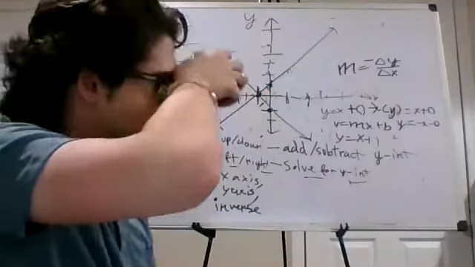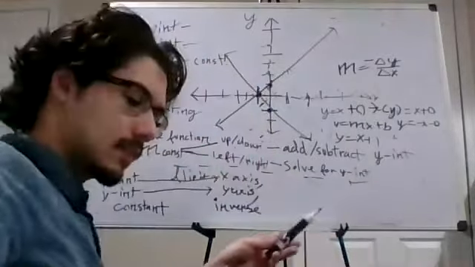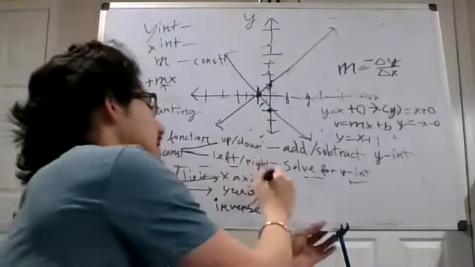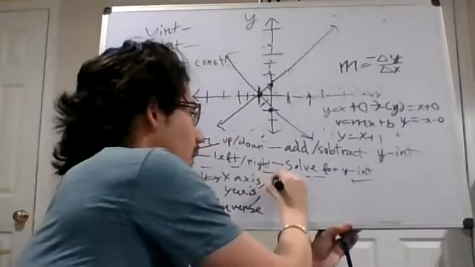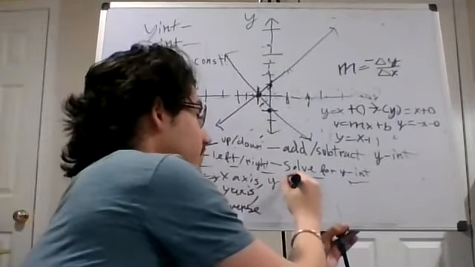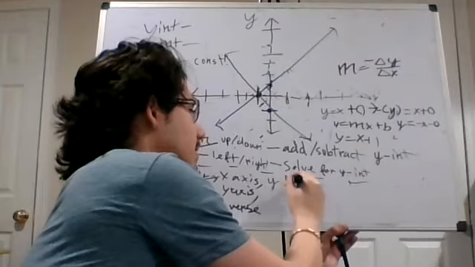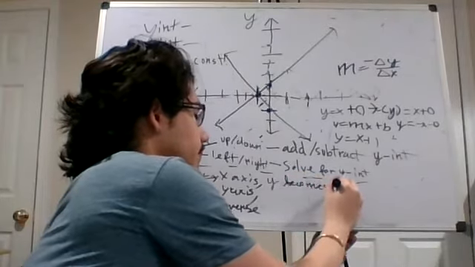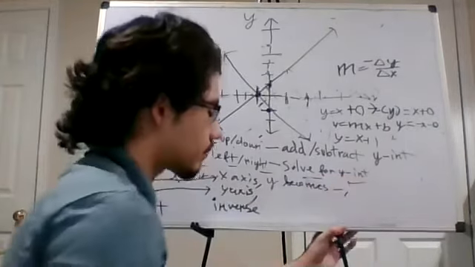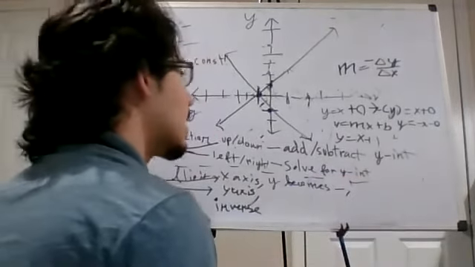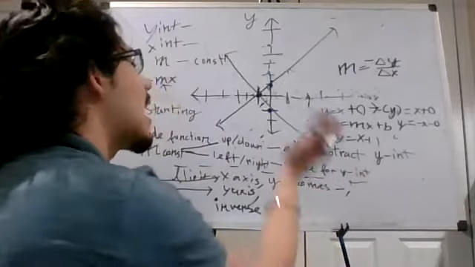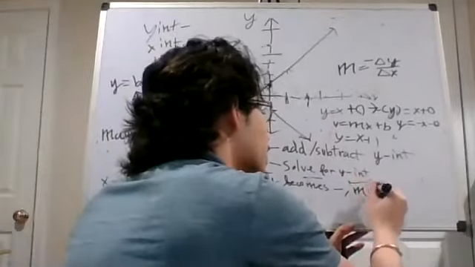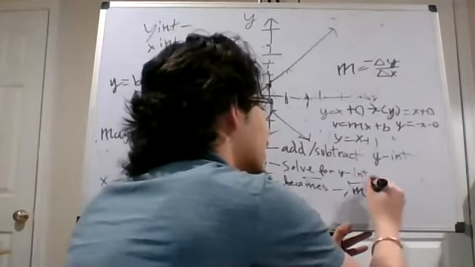So when you flip over the x-axis, the y becomes negative, because the y is now opposite of what it was. And the slope becomes negative.